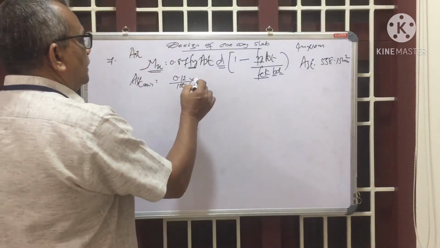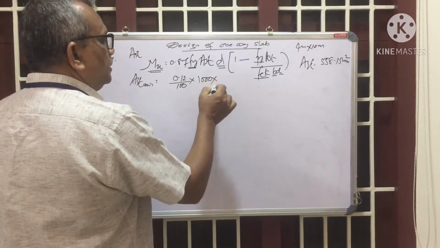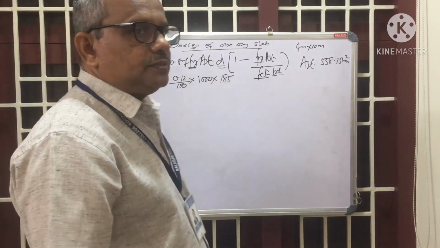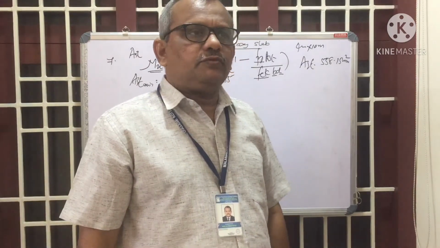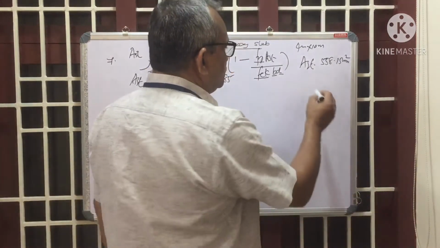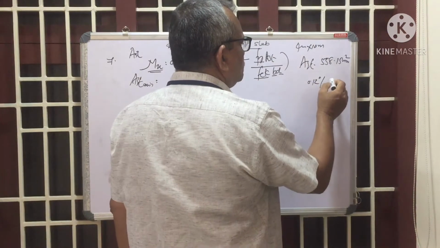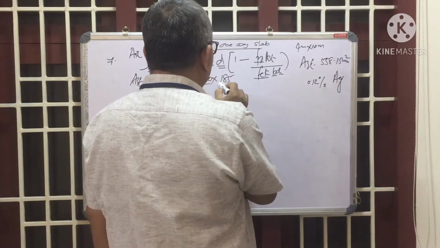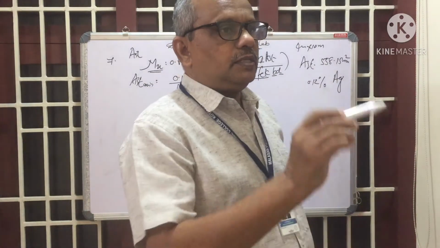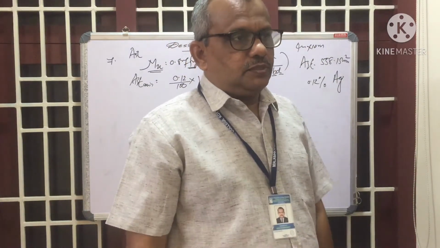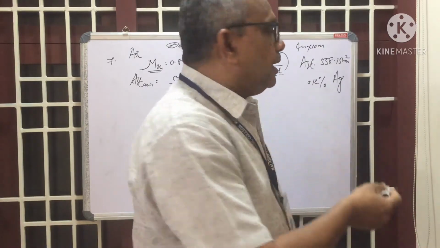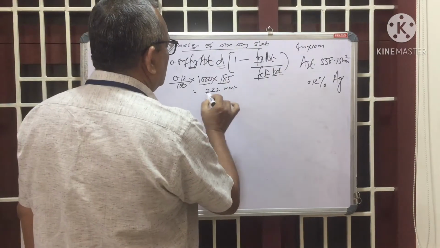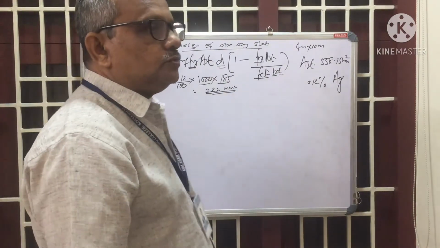What is the gross area? It is B 1000 into 185 mm, not the effective depth, the overall depth, BD. So the gross area is 1000 into 185, the breadth into overall depth. Calculate this minimum AST, which is 222 mm squared.